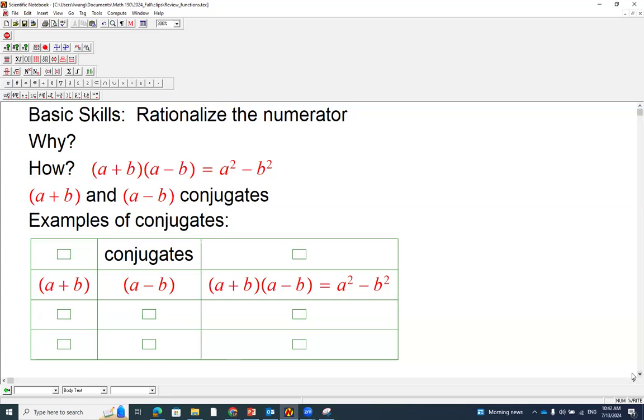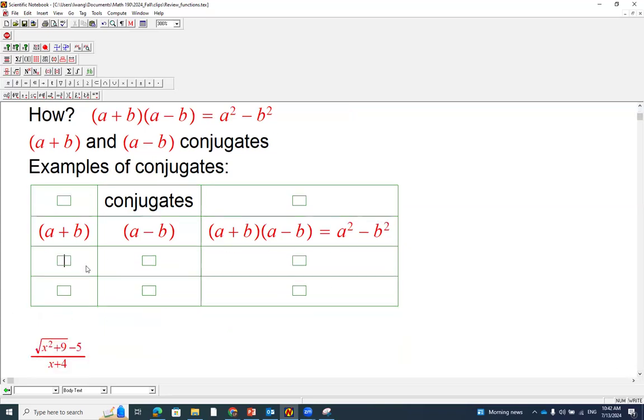Another example, say, 4 plus 3. What's the conjugate for 4 plus 3? 4 minus 3. And 4 plus 3 times 4 minus 3: look at that. Multiply, 4 plus 3 is 7, 4 minus 3 is 1, and that equals 7.